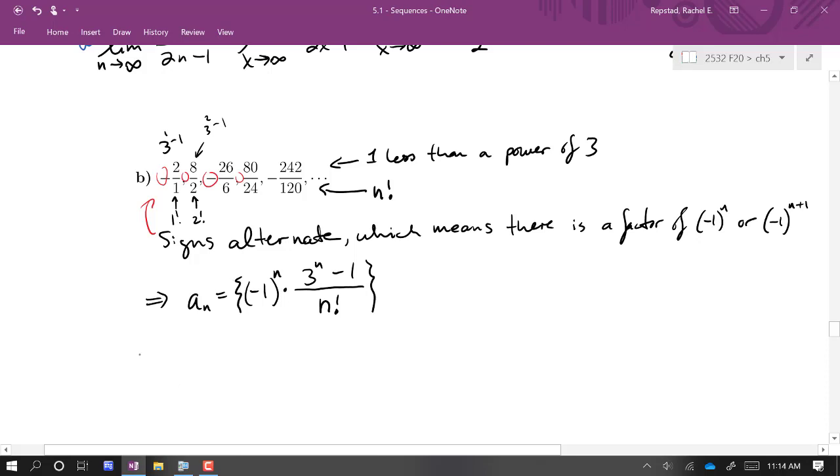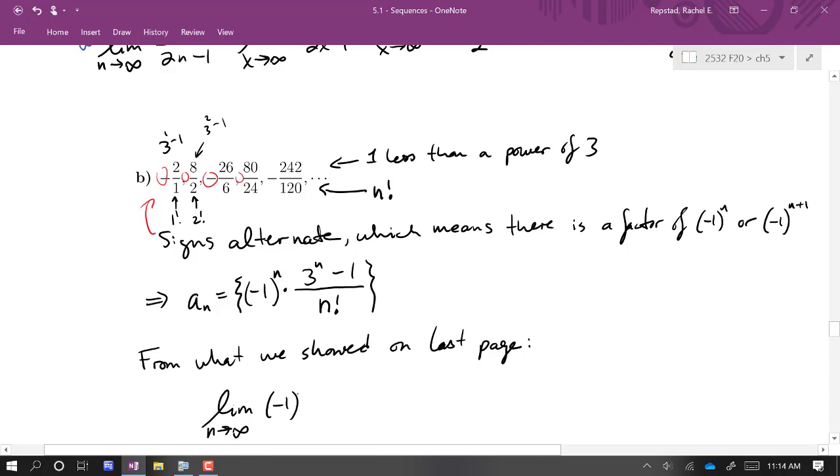And from what we showed on the last page, we know that the limit as n approaches infinity of -1 to the n times 3 to the n minus 1 over n factorial. The -1 to the n, that doesn't really affect the size, right?